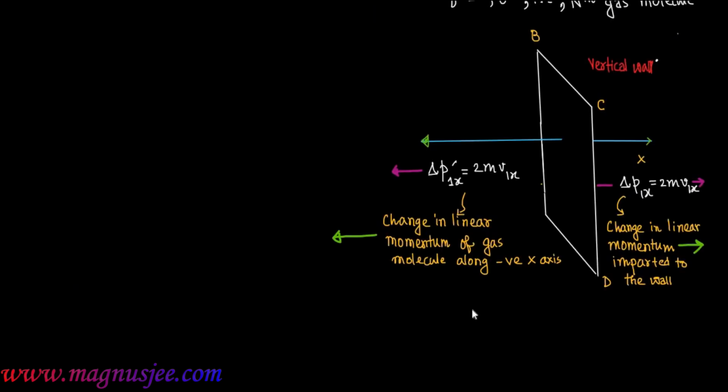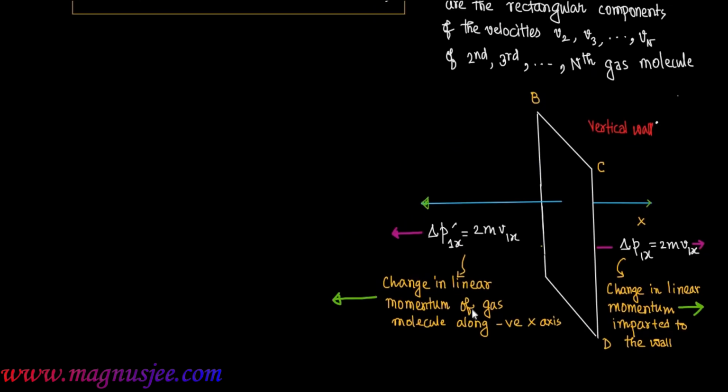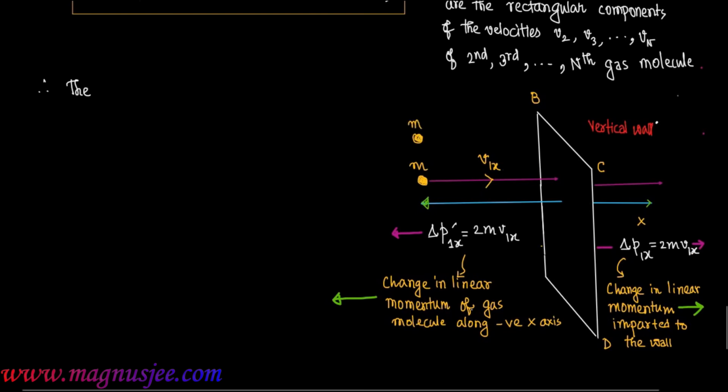Now we can consider the diagram again. In the diagram, we can show that the first gas molecule is moving towards the vertical wall ABCD with a rectangular component of velocity v1x. Similarly, the second molecule will be traveling towards the same vertical wall with the rectangular component of velocity v2x.